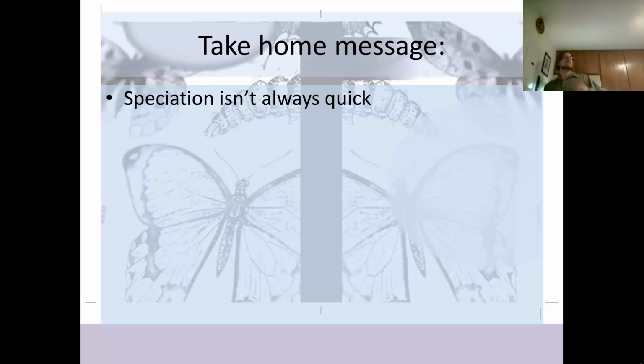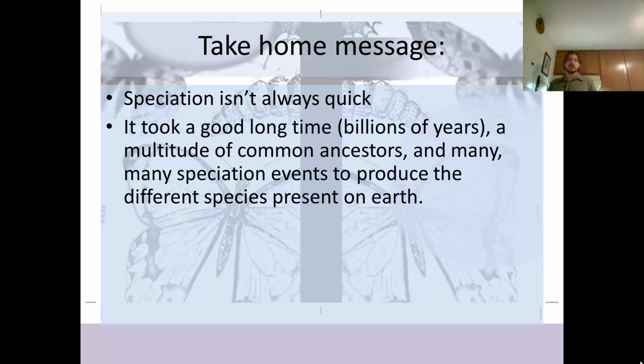But over time, genetic barriers will occur. It took a good long time, billions of years, millions, tens of millions, hundreds of millions of common ancestors, and many, many speciation events to produce the different species of life present on Earth now.